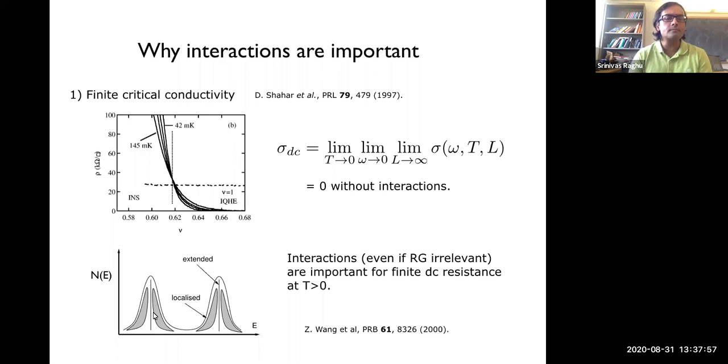Hence you would expect, if you took the literal model of free fermions and computed the conductivity, you would find zero sigma XX at the critical point, which is clearly at odds with experiment, where the resistivity is of the order of the quantum of resistance. So interactions are important for a finite DC resistance. And even if they're irrelevant in the renormalization group sense at the critical point, they are sufficient to give you a finite resistance.